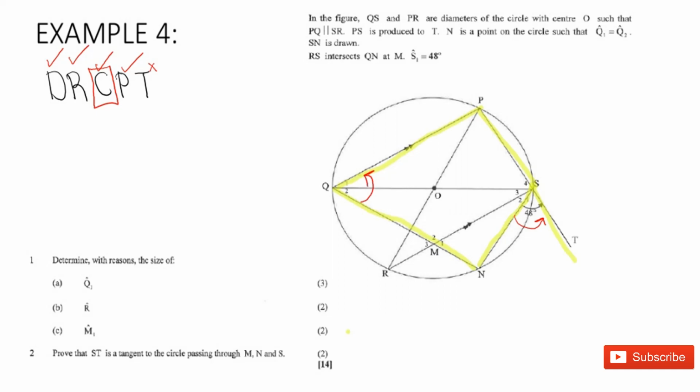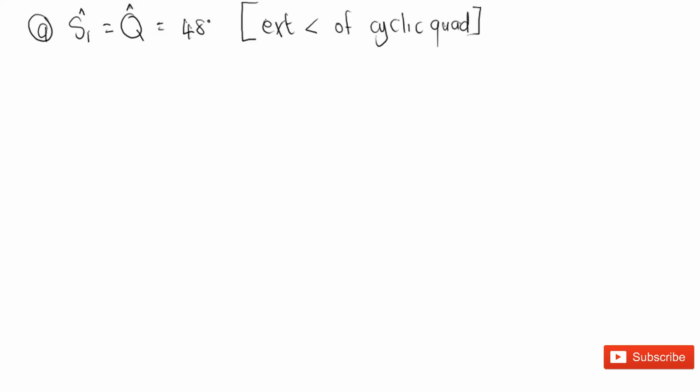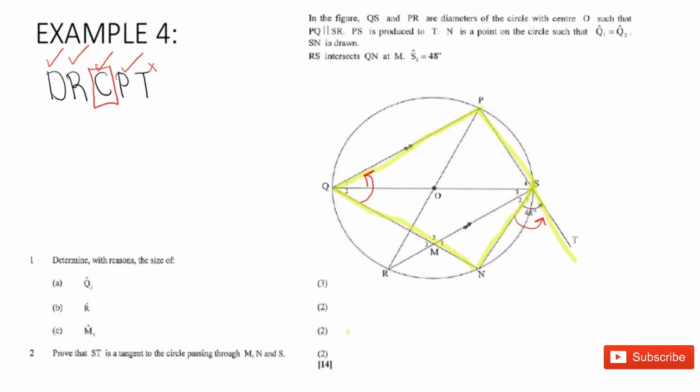So then we know that for A, we can say that angle S1 is equal to your angle Q, which is equal to 48 degrees, right? Because we've got an exterior angle of a cyclic quad. Okay? So then from there, what other information is given to us, guys?